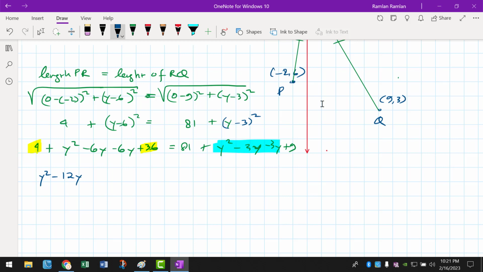And then y squared going to the left will be minus y squared, and then minus 3y minus 3y is minus 6y. Moving it to the left side, it will be plus 6y, an addition.